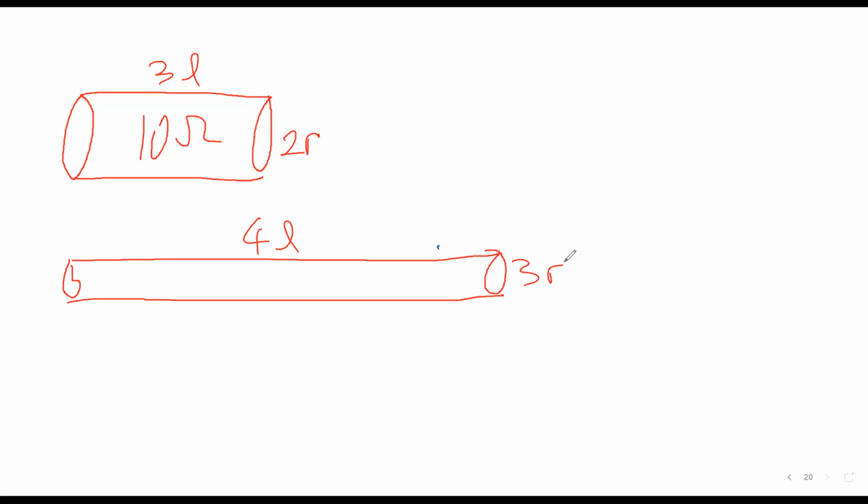Three times four. Yeah. Now you have to compare this and this already. Four pi r squared and 9 pi r squared. Yeah, correct.